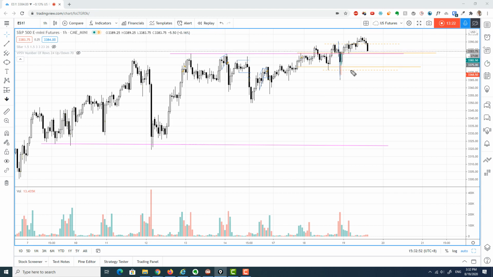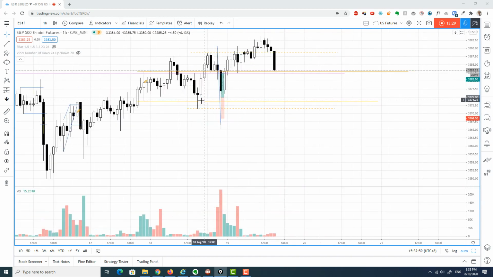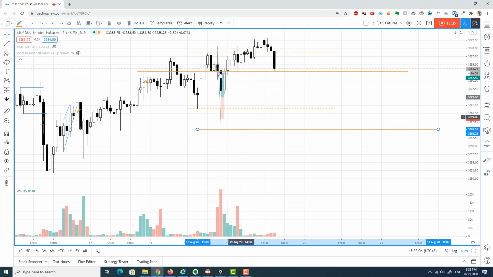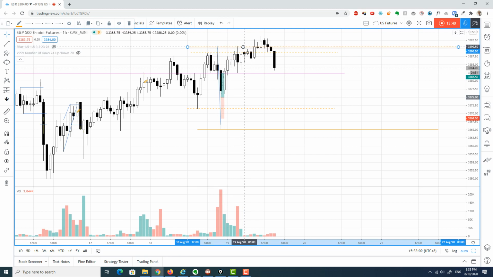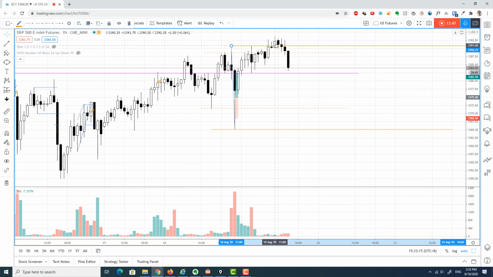The next level to watch, sorry, let me just zoom in a little bit, and I probably can draw up a few levels here based on the non-RTH low and high, and also the previous day high and low as well. So this is the low, and I think this is the high as well.